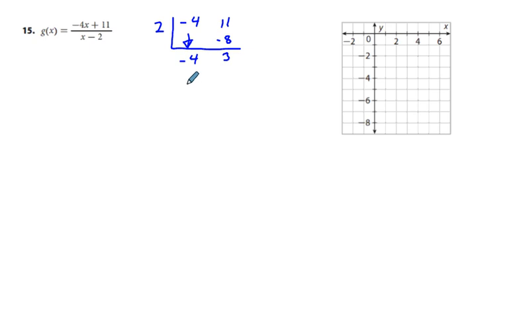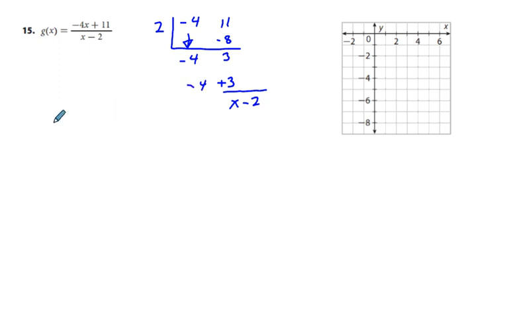So we have negative 4 plus 3 over x minus 2. Now I got that wrong. It's going to be negative 4 plus 3, not negative 4x.